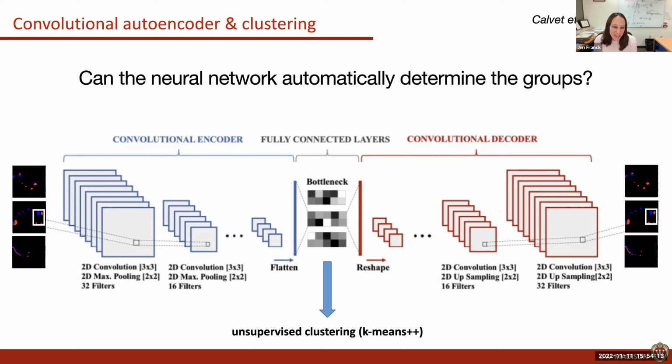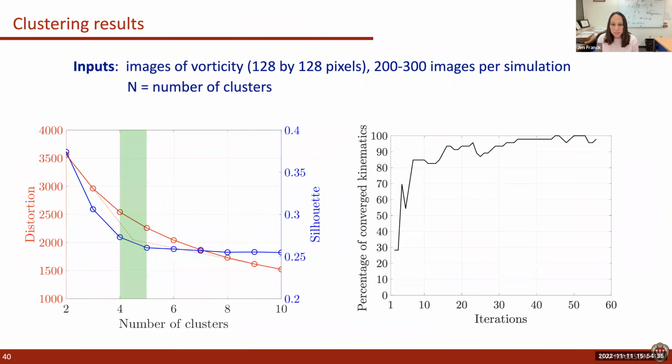So in this case, we had an autoencoder that can encode these images into a latent space. And inside this latent space, it will cluster the images independently. So again, we start with 11,000 images across all of these kinematics. Each is sorted separately into various clusters. And this slide just says that you have to determine the number of clusters, and that's the only thing you give the algorithm.